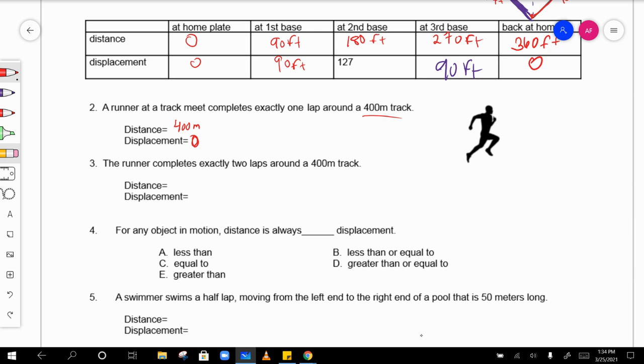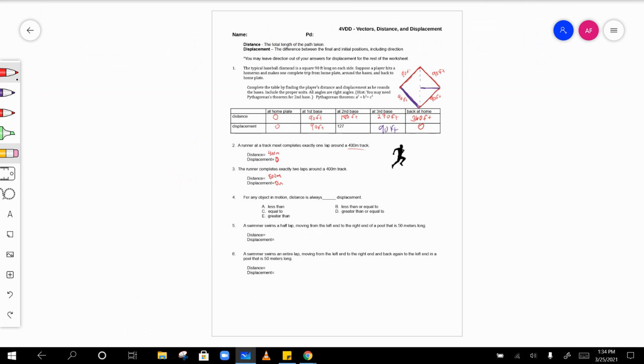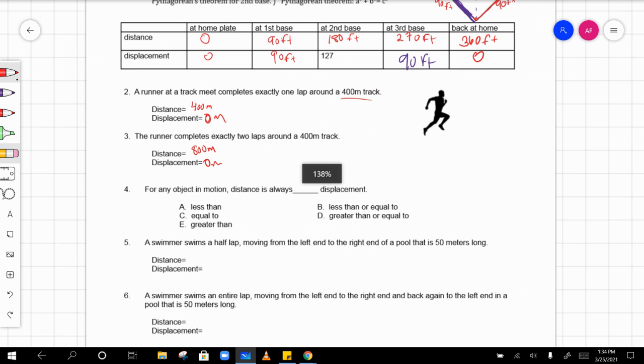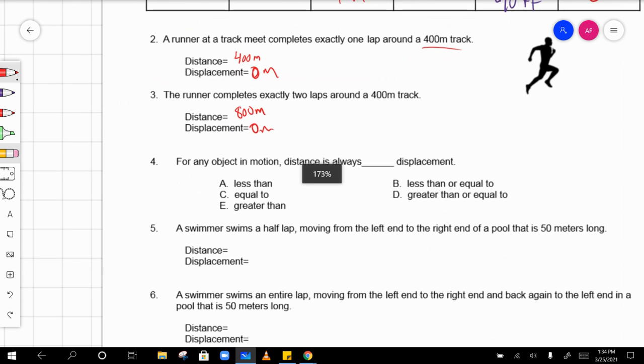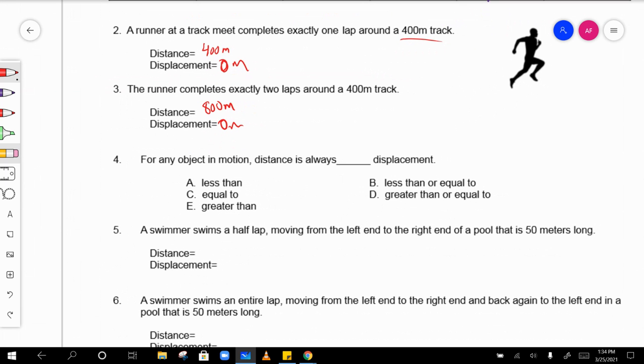If we do 2 laps around, we move 800 meters, but our displacement is 0. Doesn't matter what the units are because 0 is 0. For any object in motion, distance is always greater than or equal to the displacement.